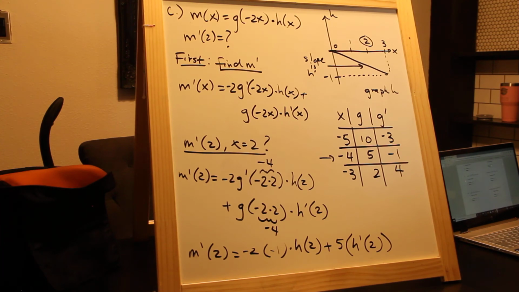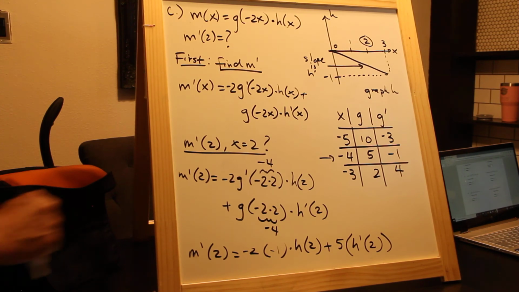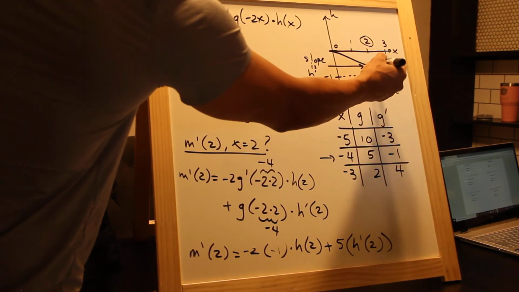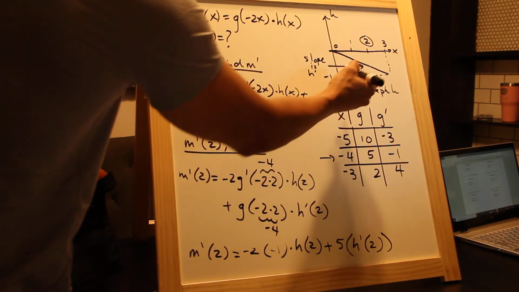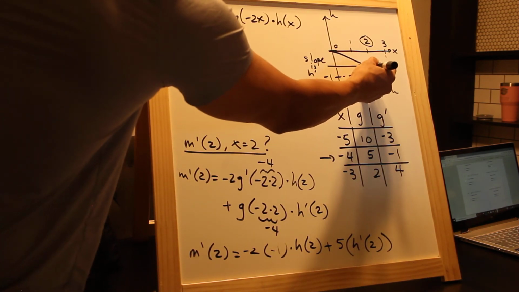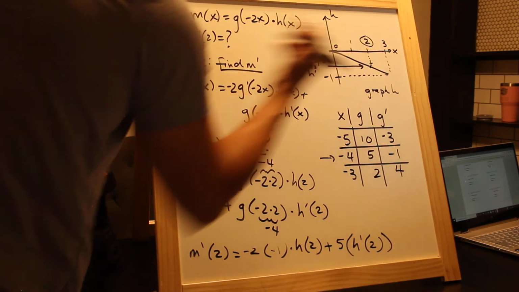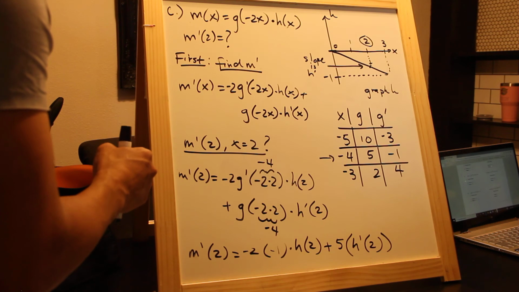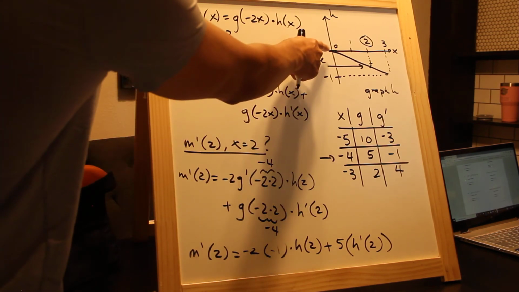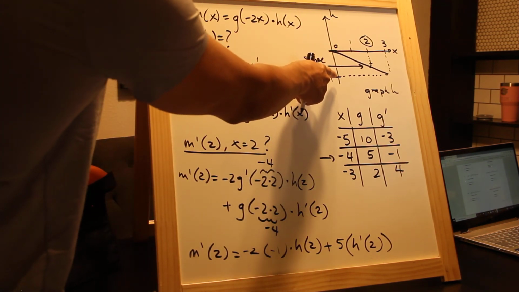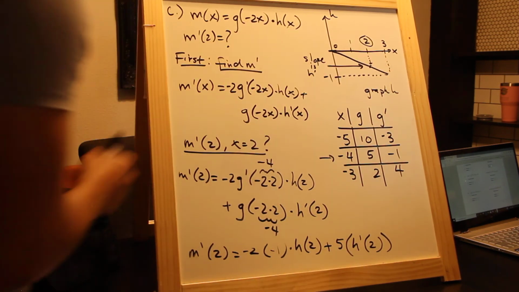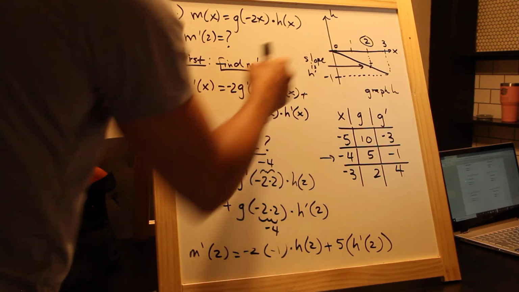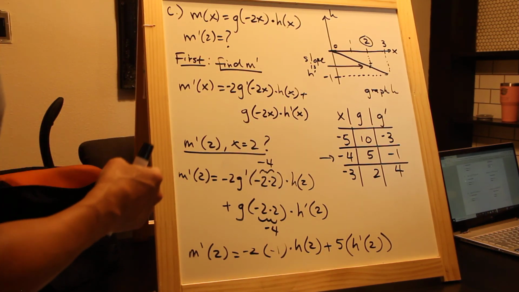Now h of 2. Now you have to use some deductive reasoning here. H of 2 is here, but obviously if this is hitting the point right here, what is that value right at that point? So h of 2, if this goes down 1 unit for every 3 units going across, it would be going down only quote-unquote 2/3 of the way, right?